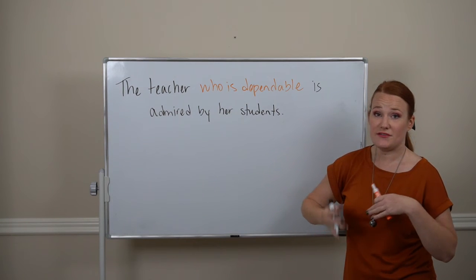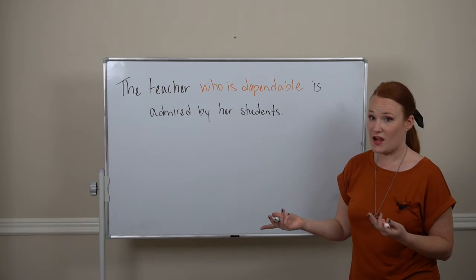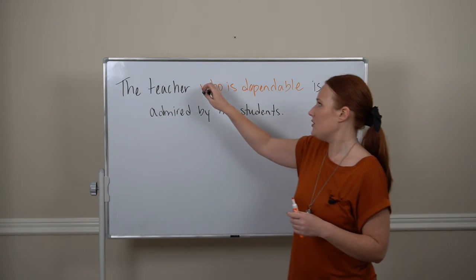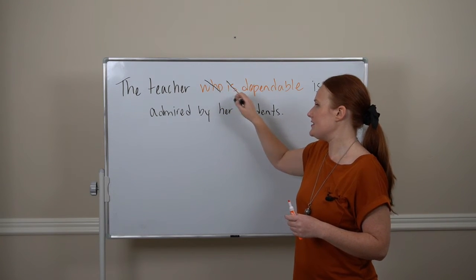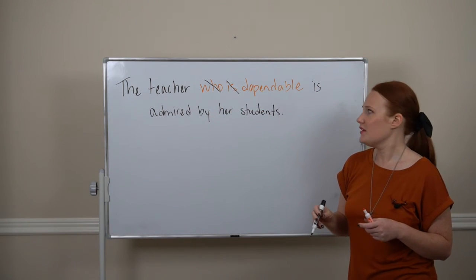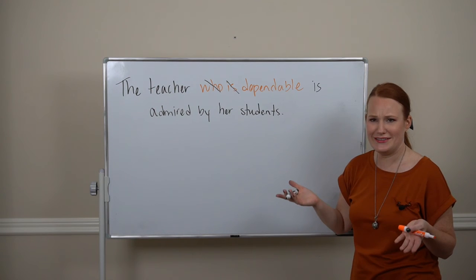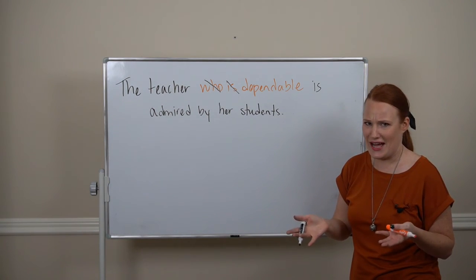If we were to follow our rules we just talked about, we would get rid of who and we would get rid of is, and we'd be left with the teacher dependable, which is not great.